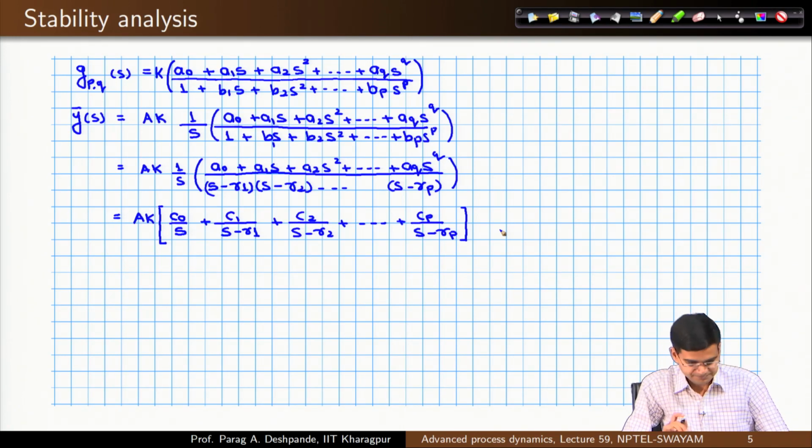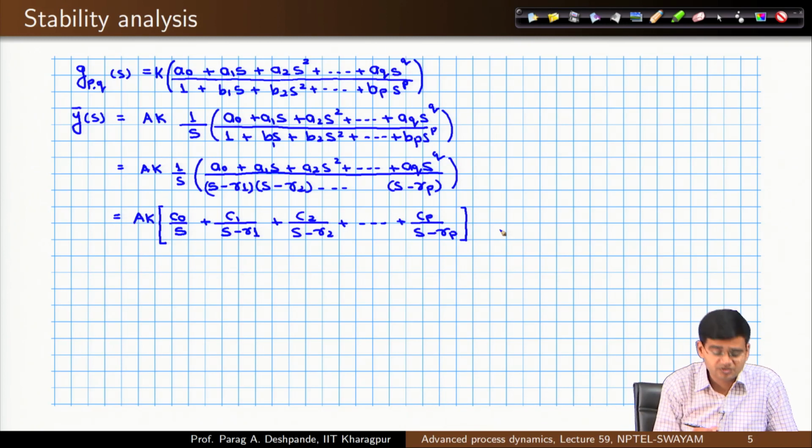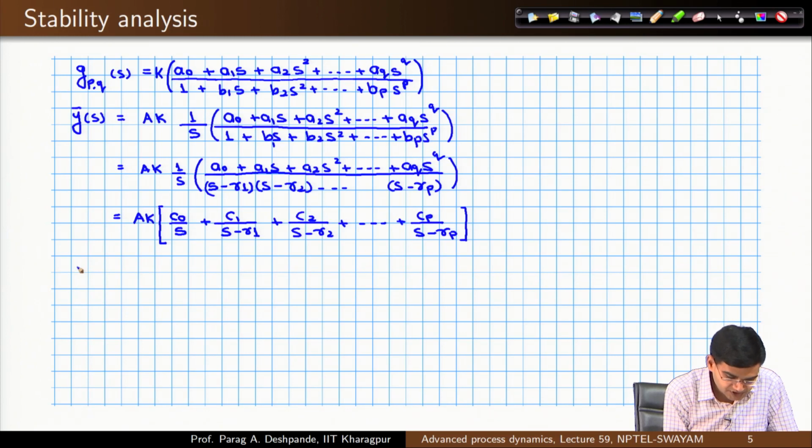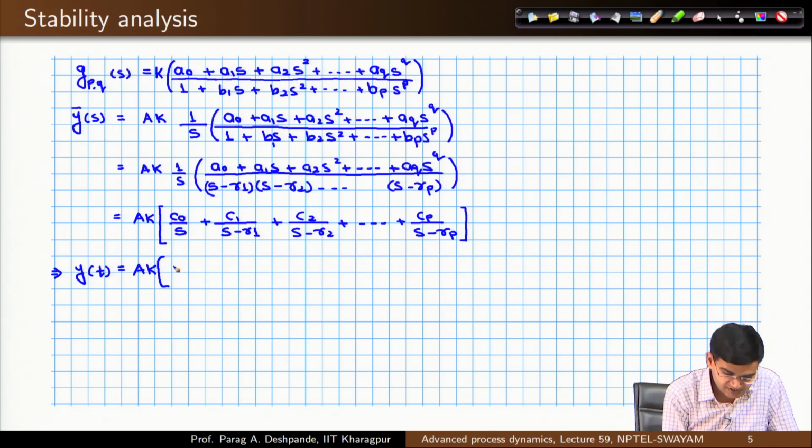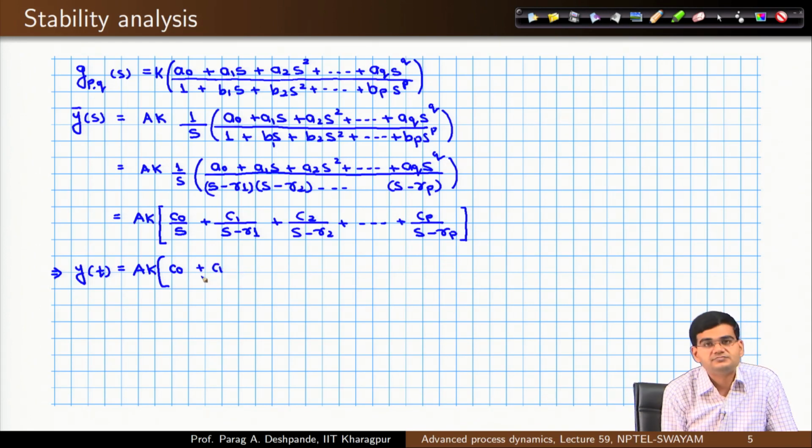We will see why. So, what is going to happen to y of t? So, now I will do a Laplace inversion. I will get y of t is equal to what? k multiplied by C 0 upon s, and its Laplace inverse is simply C 0, plus C 1 e to the power r 1 t.